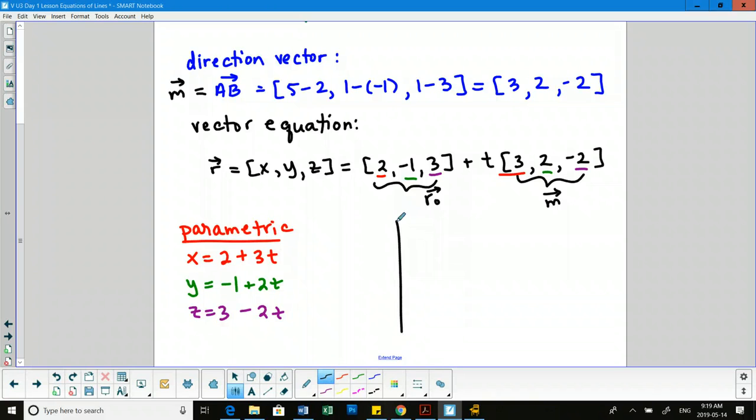Okay, and then for symmetric, I want to take each of these and isolate for t. So I'm actually going to have 3 equations that are set equal to one another. So I'll have the one where I isolate for t in the x equal to the one where I isolate for t in the y equal to the one with z.